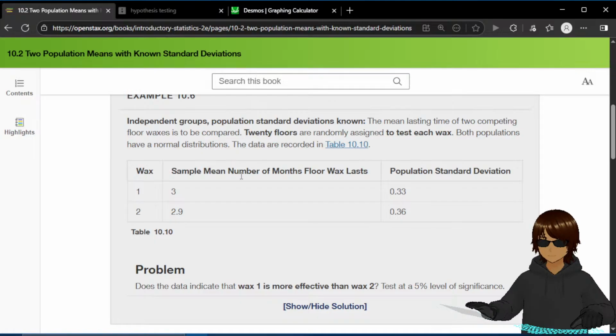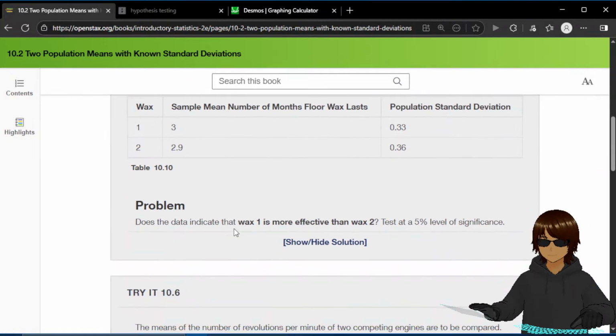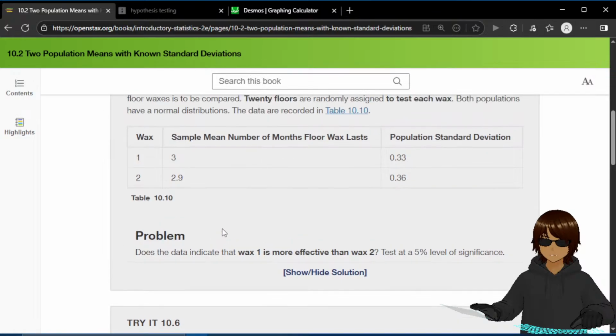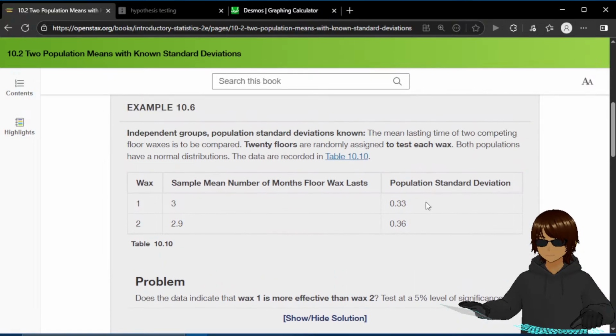Wax, sample mean number of months floor wax lasts, population standard deviation. Does the data indicate that wax 1 is more effective than wax 2? Test at a 5% level of significance.